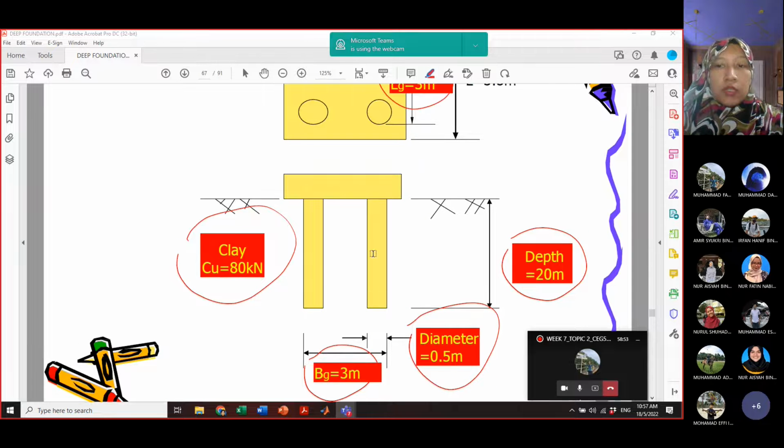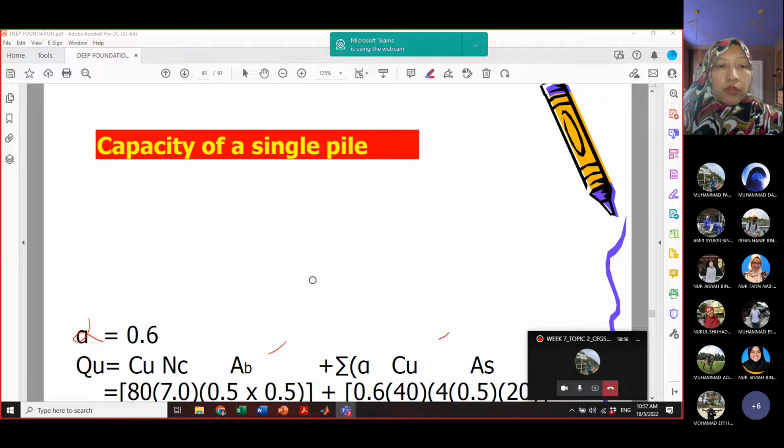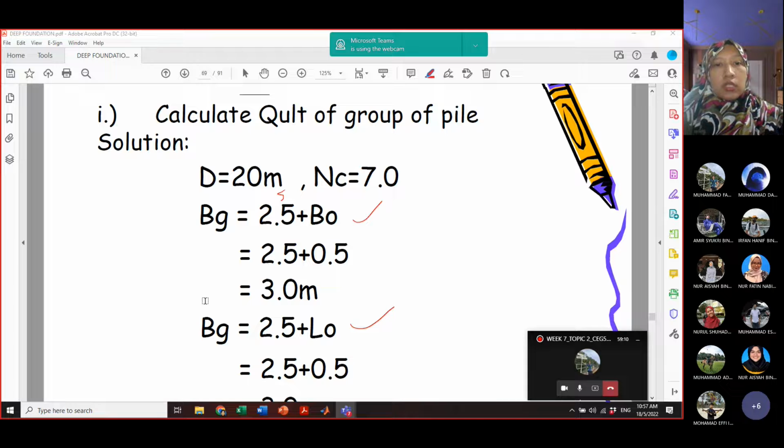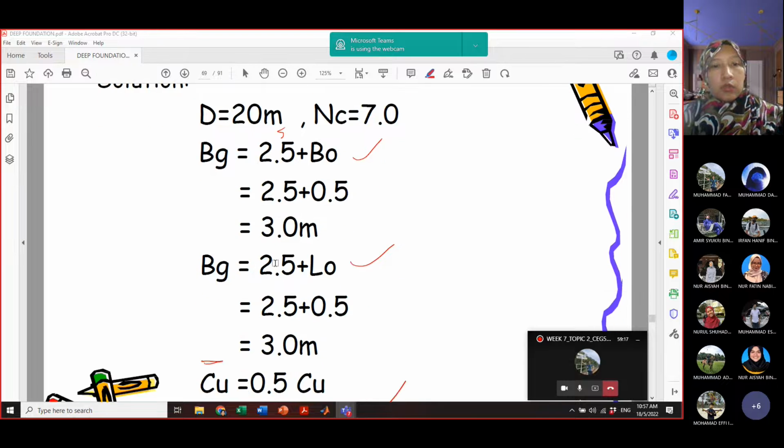Okay, dia bagi maklumat lain. Depth is 20 meter, undrained clay is 80, diameter is 0.5. So for the first one, we can estimate the ultimate bearing capacity by having the adhesion factor 0.6. So the answer is 1,100 kilonewton for single pile. Kemudian for ultimate bearing capacity of the group pile, this is what supposedly to be.